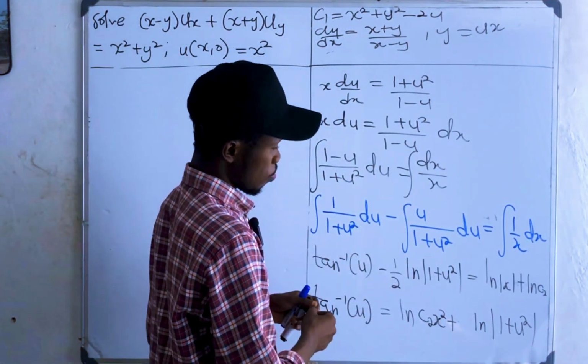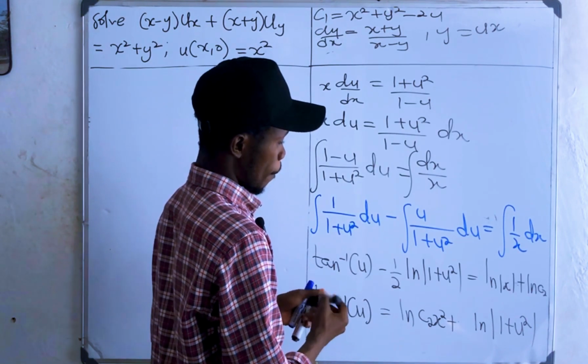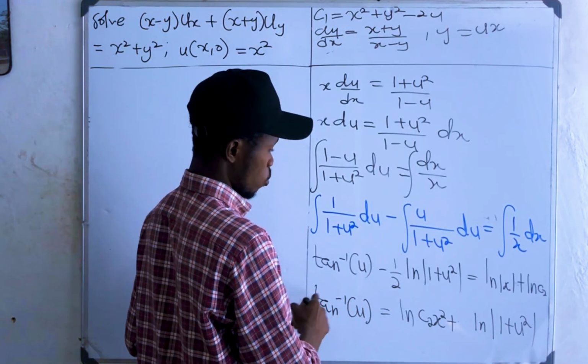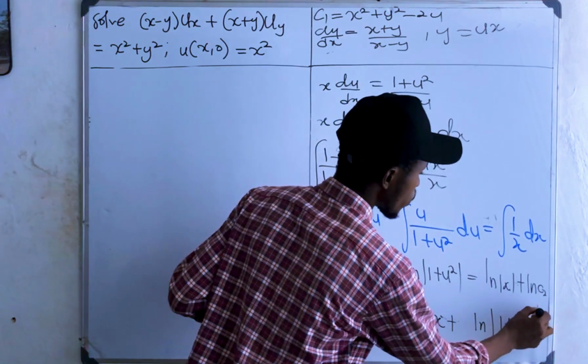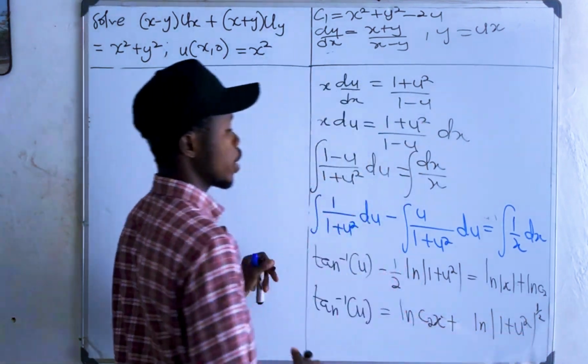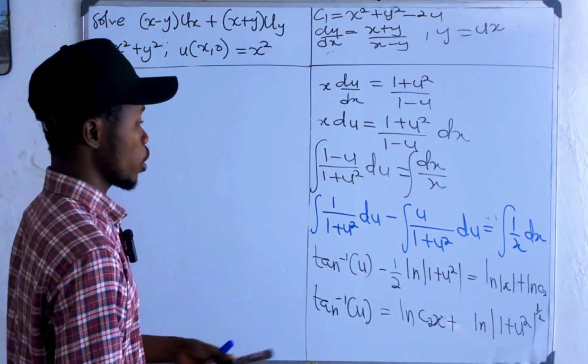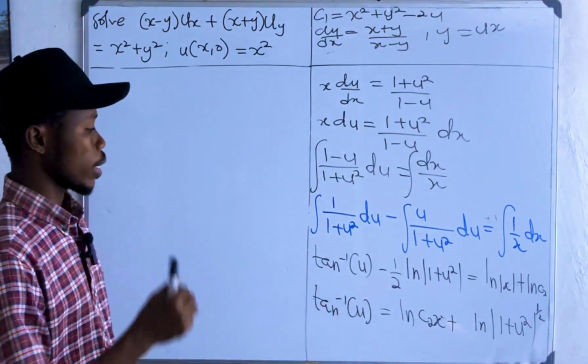I hope you understand. If I multiply through, that will affect this too. So okay, let me bring it up here. It doesn't change anything. So this is what you're going to have, right?